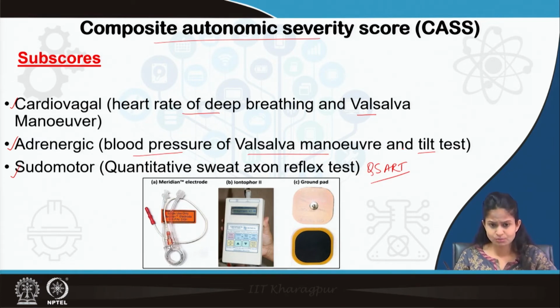In the quantitative sweat axon reflex test, an iontophoretic drug delivery system is used via electrodes, usually placed on the proximal part of the wrist and on 3 sites of the right leg, the proximal region of the leg, the distal region and the foot region, along with the ground electrode.